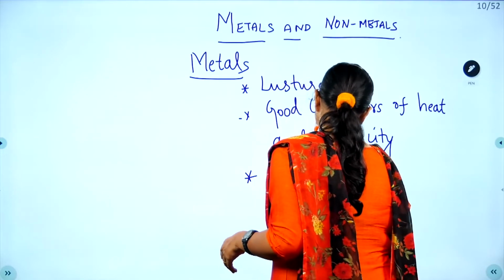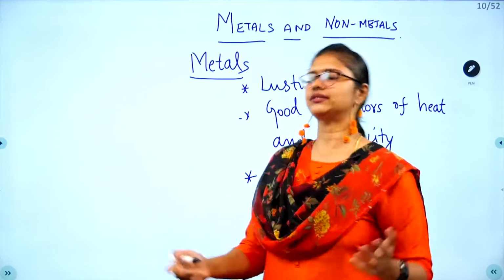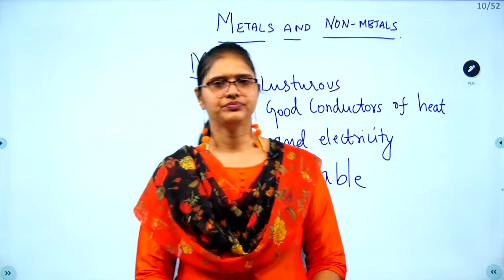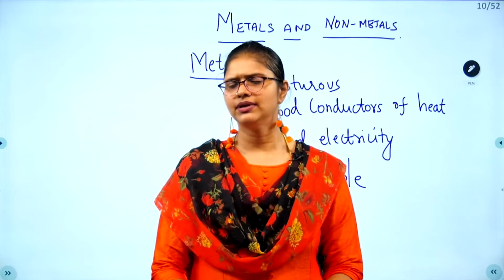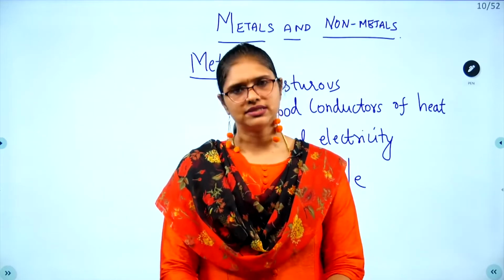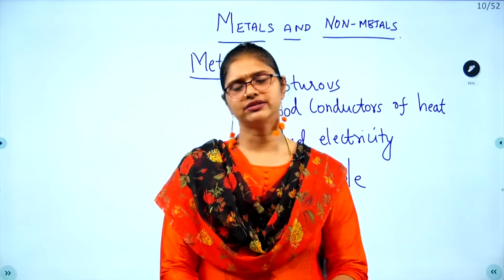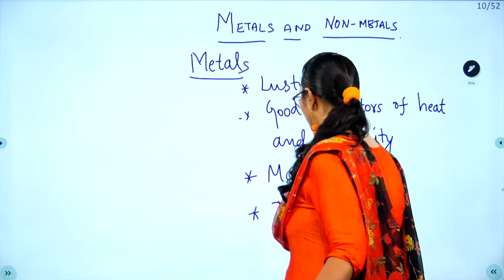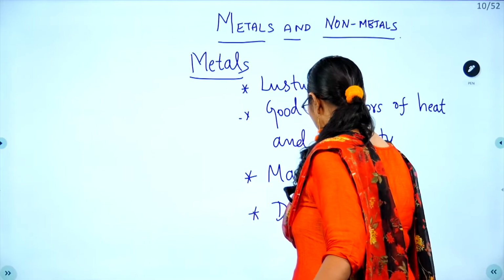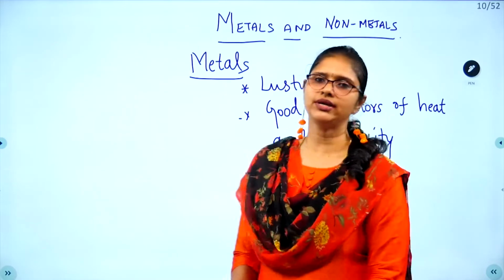Making them into thin sheets is called malleable. And they are ductile. What is ductile meaning? We can make it into wires, thin wires. Okay, that's called ductile. You would have seen, no, for electricity we use say copper wire, right?